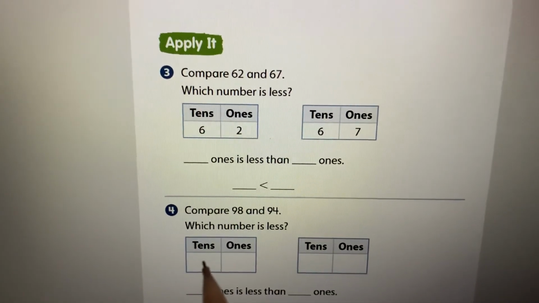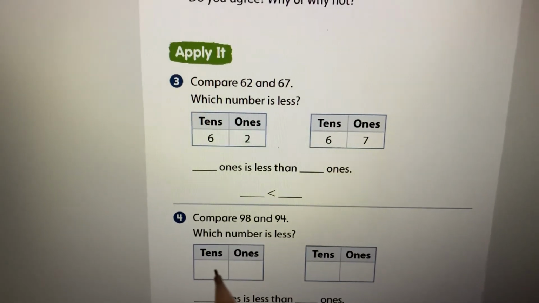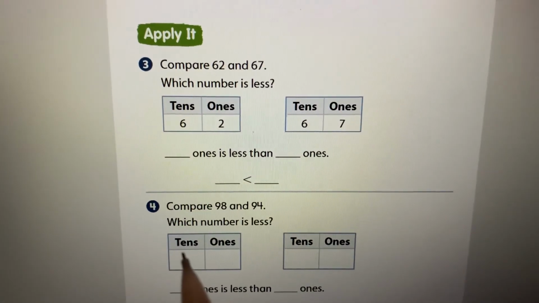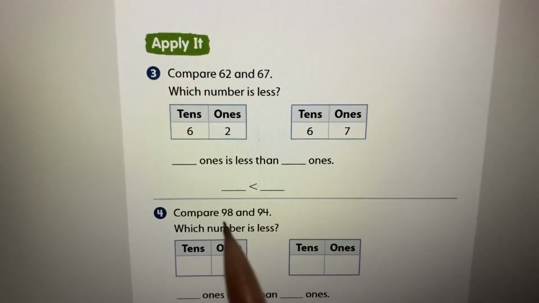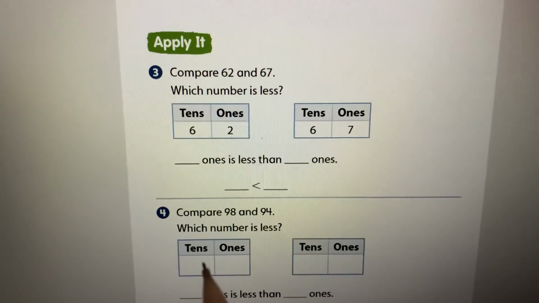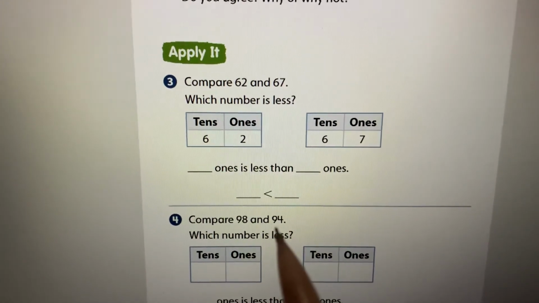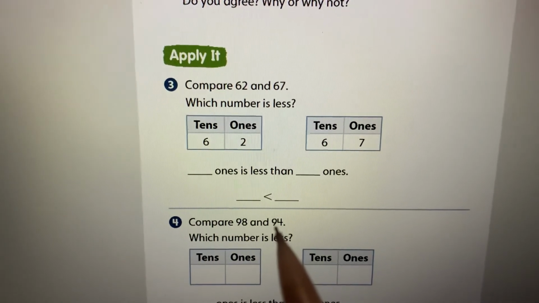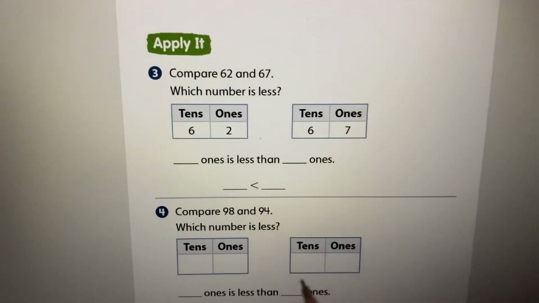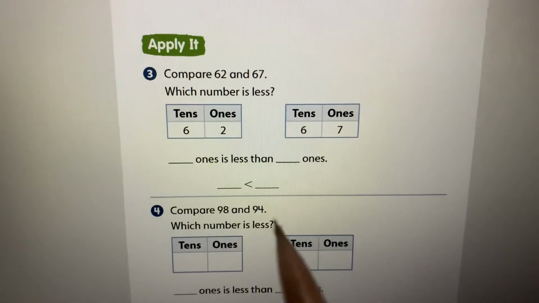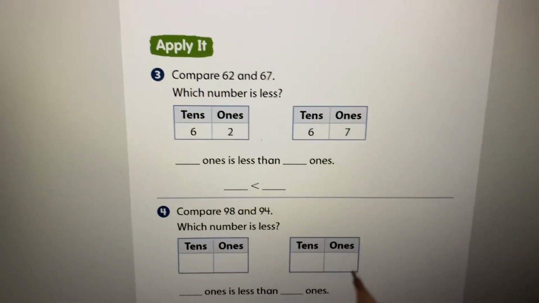How many tens in 98? You're right. 9 tens, 8 ones. How many tens in 94? You're right. 9 tens and 4 ones.